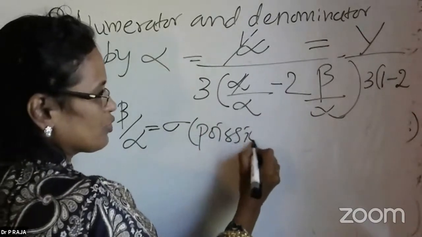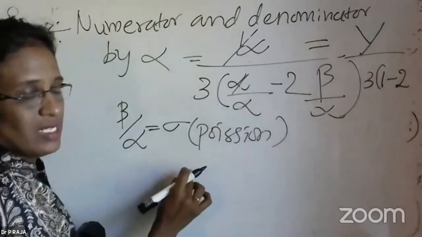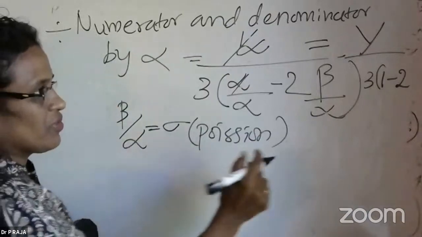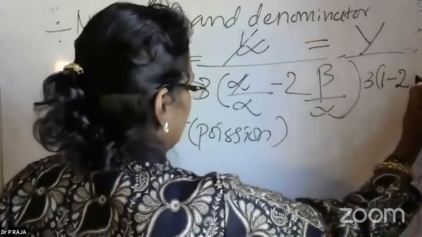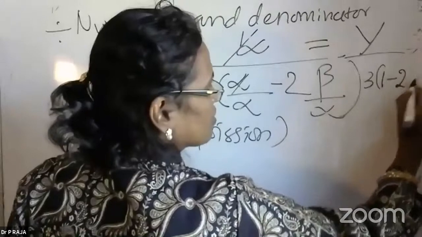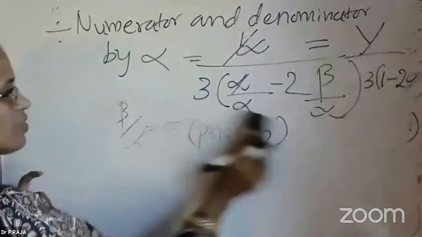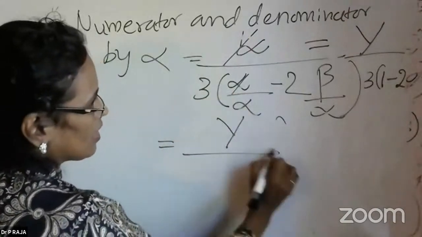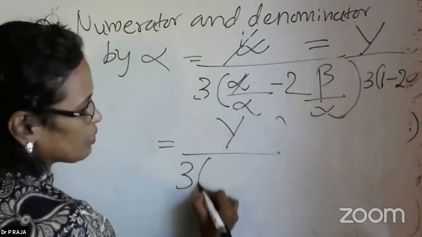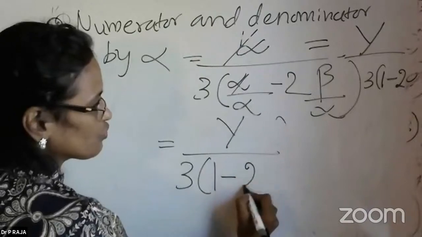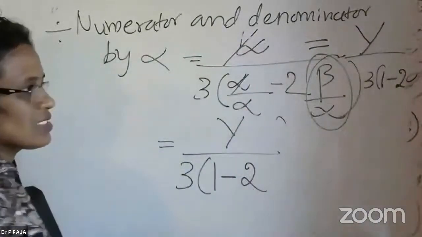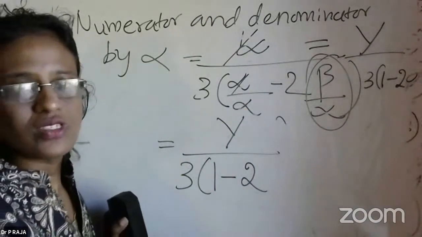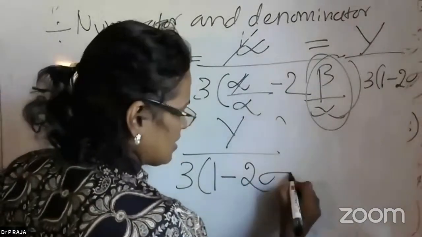I put this also in the equation in the beginning. So beta by alpha I will take as sigma. One more time: 1 by alpha is nothing but Y, and this is 3, and this becomes 1 minus 2 times the Poisson's ratio sigma.